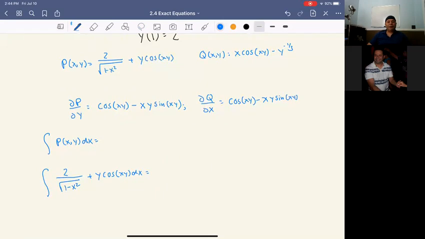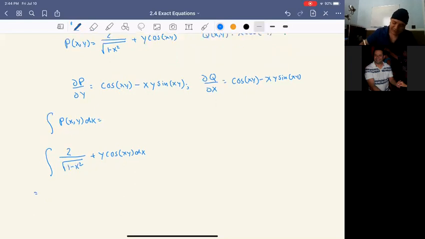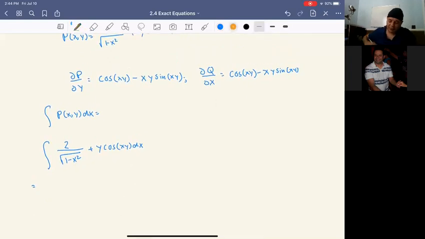Now you may or may not remember this integral, 1 over square root of 1 minus x squared dx. That's actually sine inverse of x plus c, right?